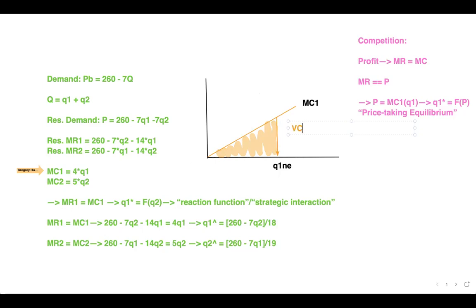So I'll put VC1, right, at Q1NE. But it's there. So does that make sense, Russell?